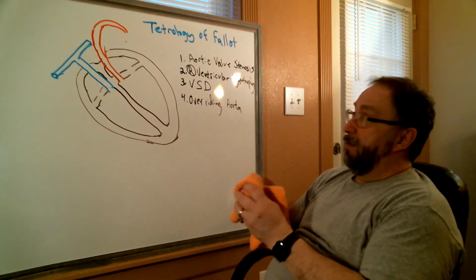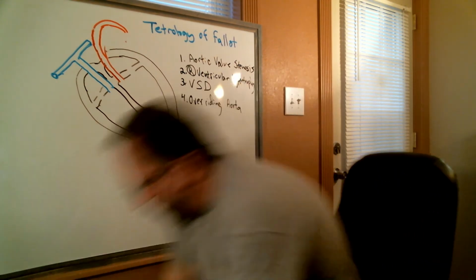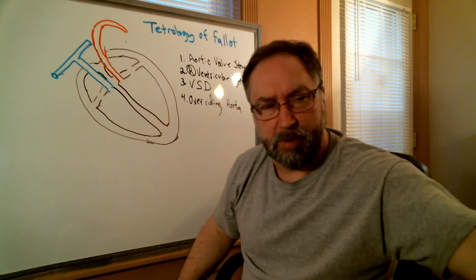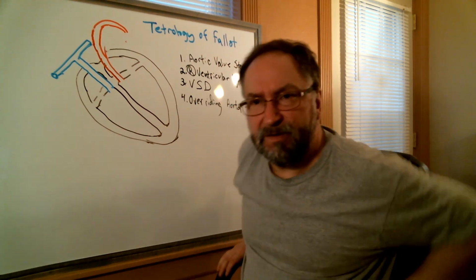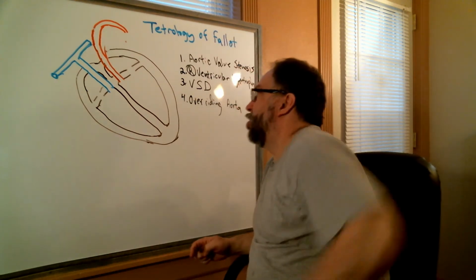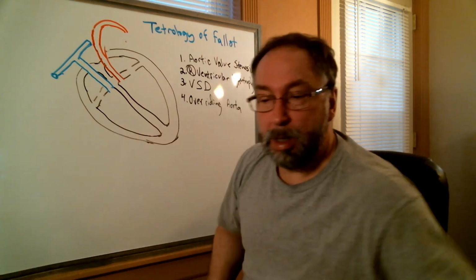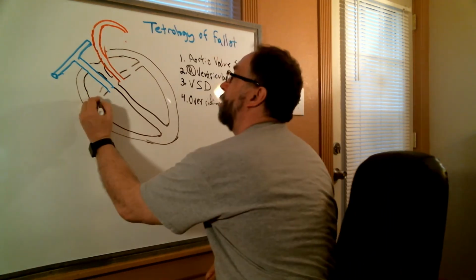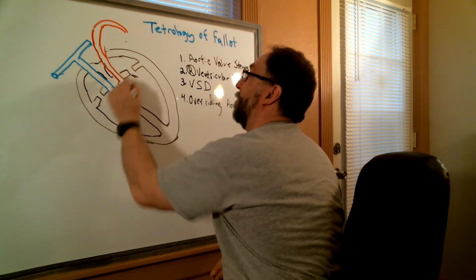And it all follows. I'm going to go through the progression of this problem in the fetus, as the baby's developing in the mom. So you got all these problems here. And put this in here too, the little trap door, right?